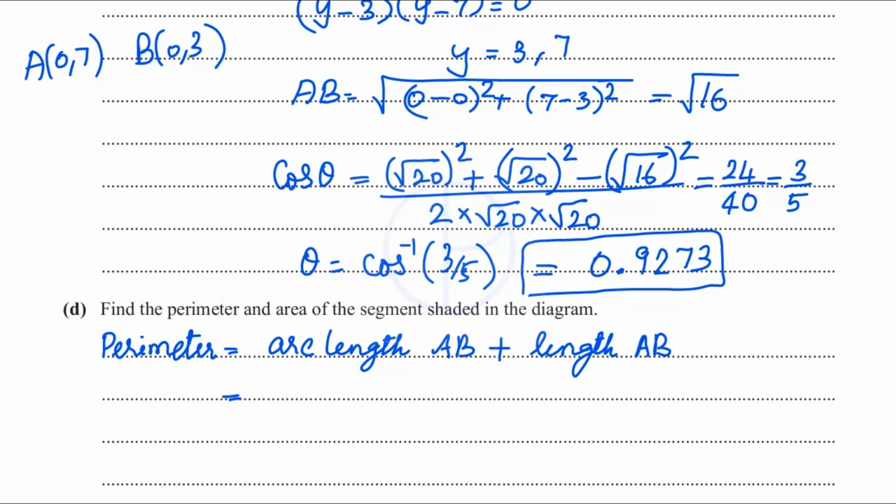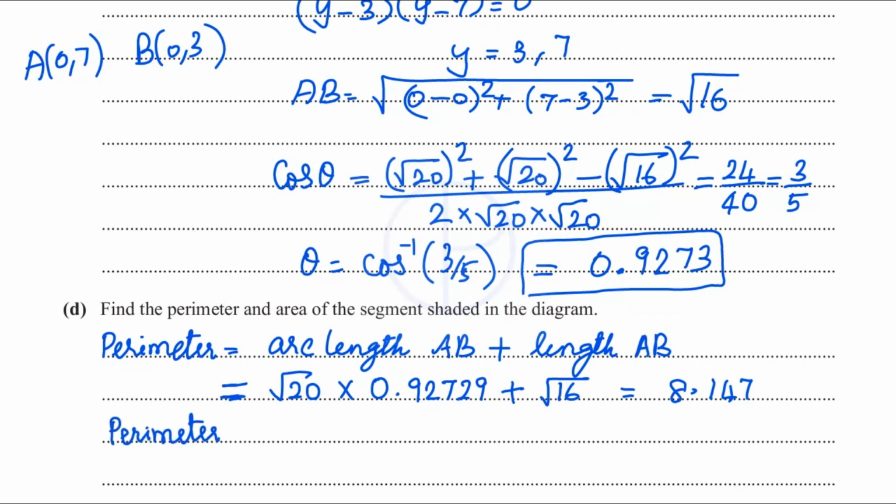What is the arc length? r theta, r is square root of 20 and theta is 0.92729, plus square root of 16, which is equal to 8.147. So the perimeter is 8.147.